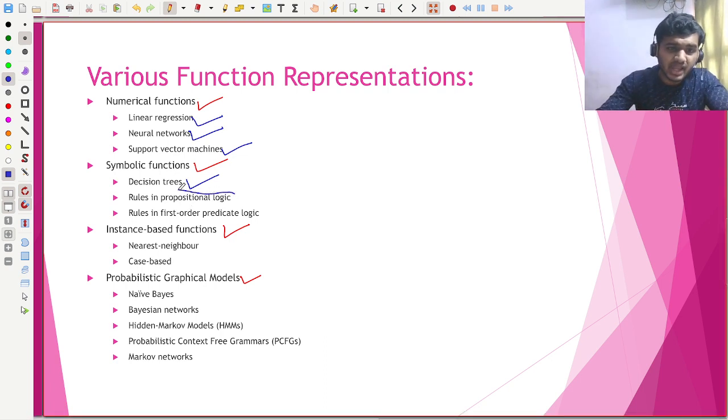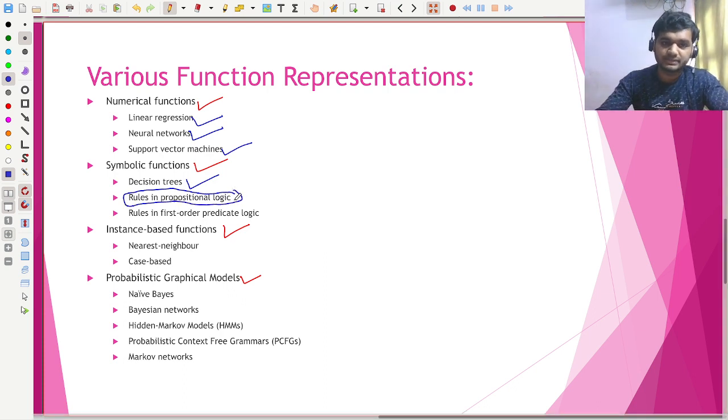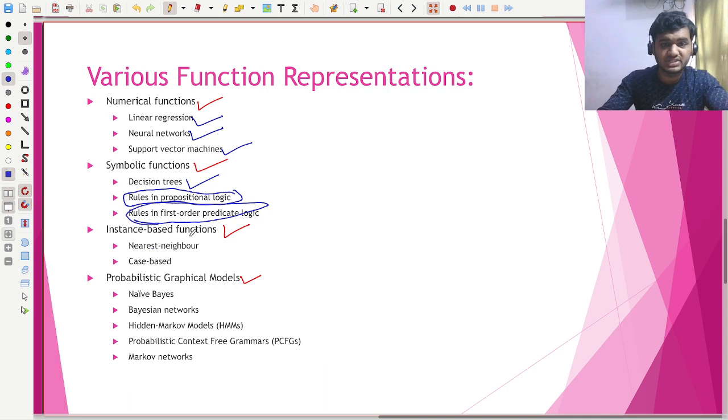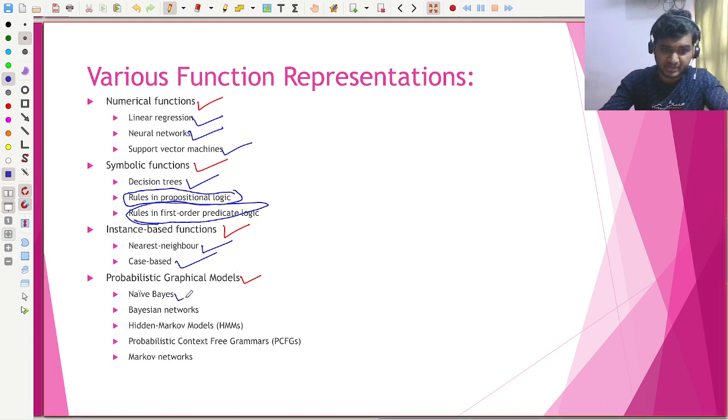This will be covered in the AI part. In AI, we'll cover rules in propositional logic and rules in first order logic. For instance-based functions, nearest neighbor and case-based will be covered, and some probabilistic graphical models, that is naive Bayesian network, will be covered. Hidden Markov model, probabilistic context-free grammar, and Markov network will be covered in AI.